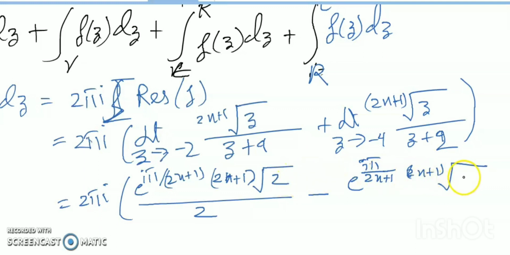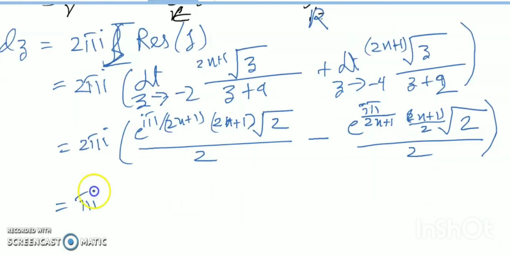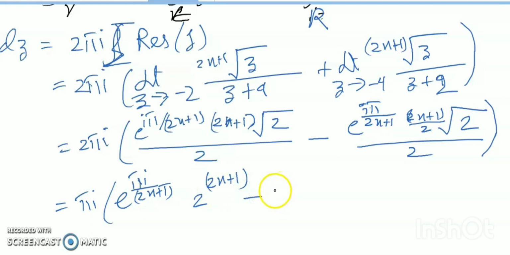Okay, 2n plus 1 divided by 2, not 2, okay, divided by 2 into 2 divided by 2, pi I. After that we can write e to the power I pi divided by 2n plus 1 into 2 to the power 2n plus 1 minus 2 to the power 2n plus 1.